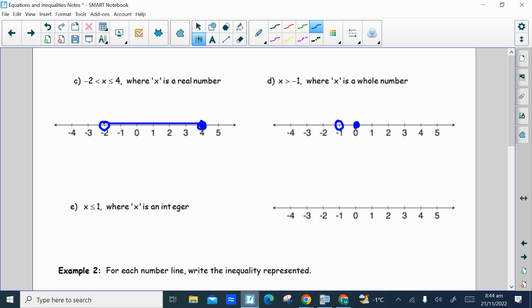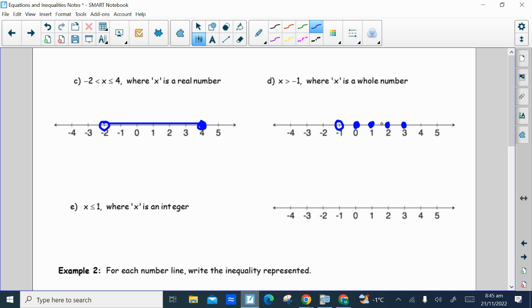So we'll put a closed dot on 0, and we cannot use a line here because a line is only used when you have real numbers. When you use a line, you're saying all decimals, in this case greater than -1, are part of the solution, or all decimals greater than 0 are part of the solution, and that's not true.